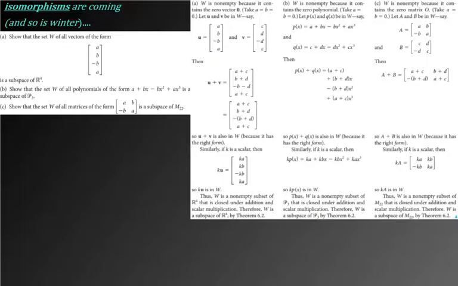And so there's a problem in the book where it asks you to do this kind of subspace thing that we just did, but for 3 different spaces. One is the set of all vectors, the way we've been thinking of vectors so far, of the form a, b, minus b, and a.